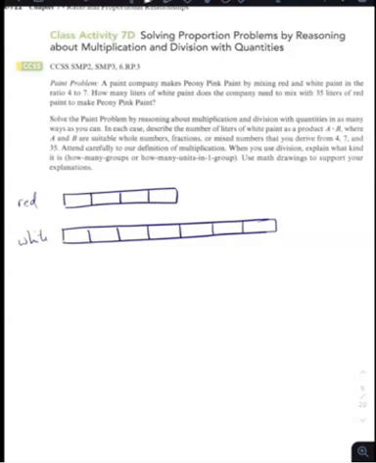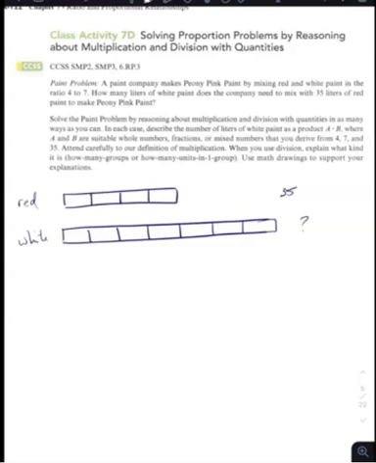And what they tell us is, how many liters of white paint does the company need to mix with 35 liters of red paint? So 35 liters of red paint. And we want to know how much white paint.